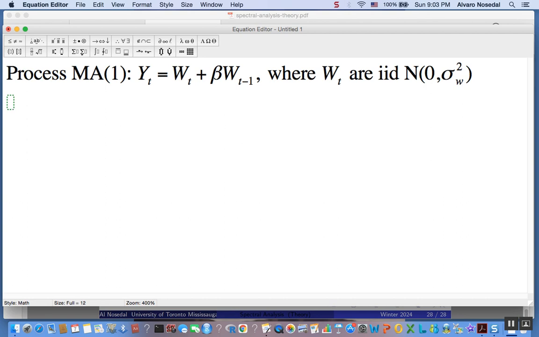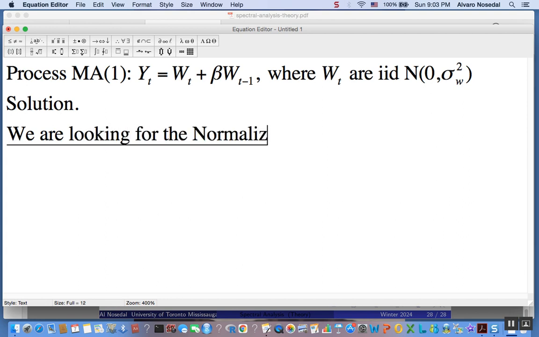So, as we said, what we want to do is obtain the normalized spectral density. Solution: we are looking for the normalized spectral density.